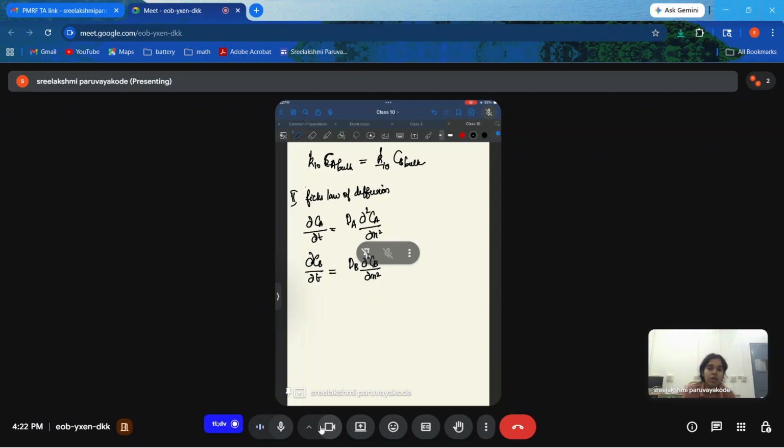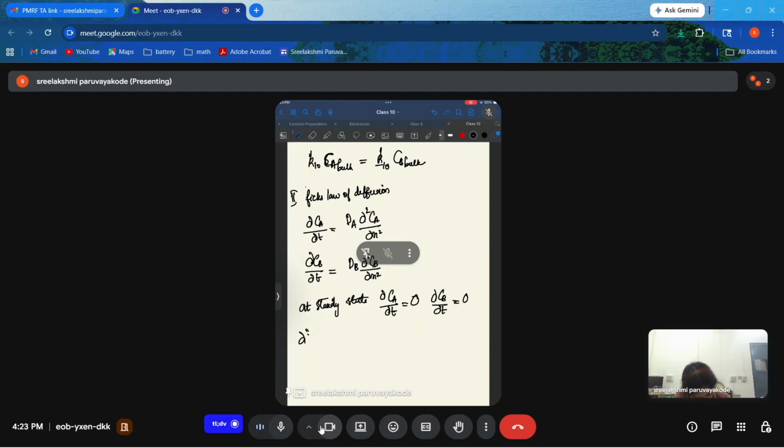Now we know at steady state it doesn't change with time, so dou CA by dou T is 0, and dou CB by dou T is also equal to 0.